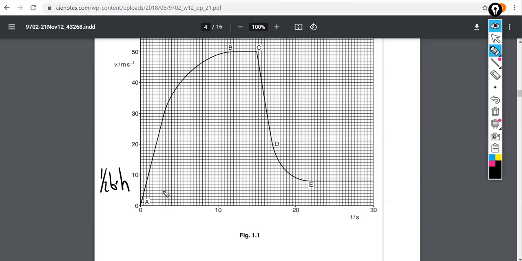So 3 would be in between these 2 lines. Then 3.6, 4, 4.4, and so on up to 10.